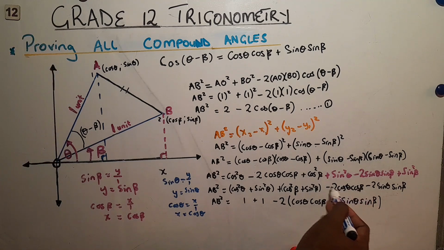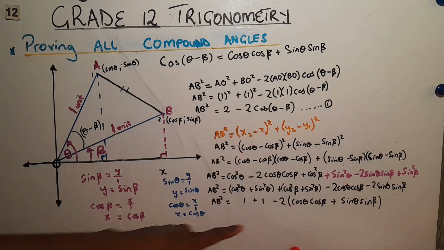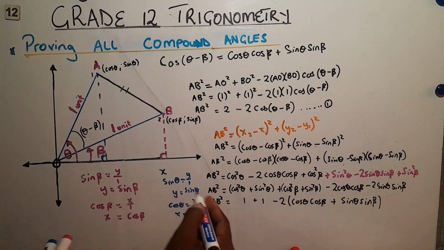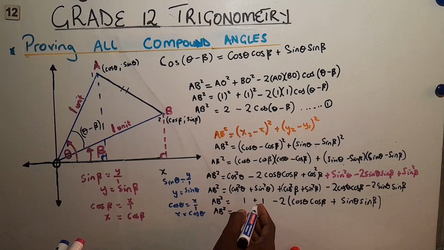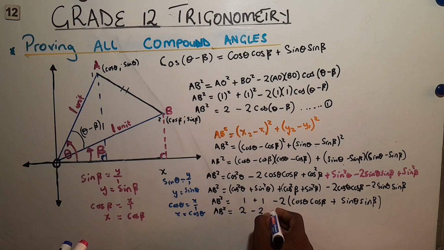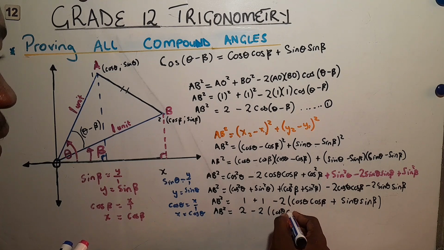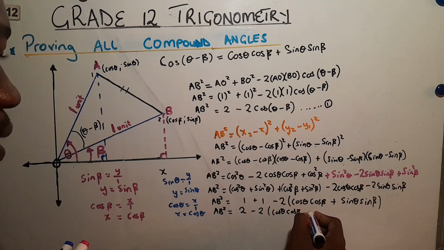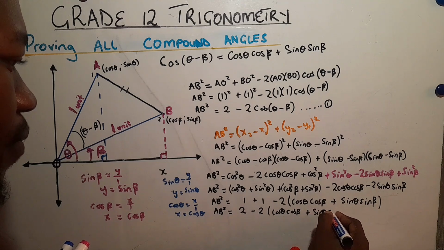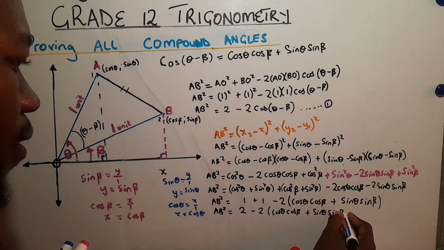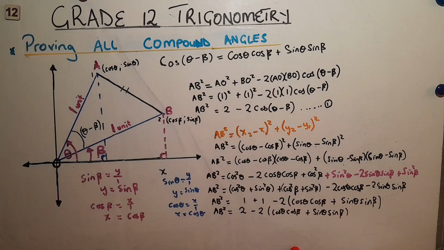So this negative went with this and gave us that there. So AB squared is the same as 2 minus 2 in brackets cos theta cos beta plus sine theta sine beta, right?